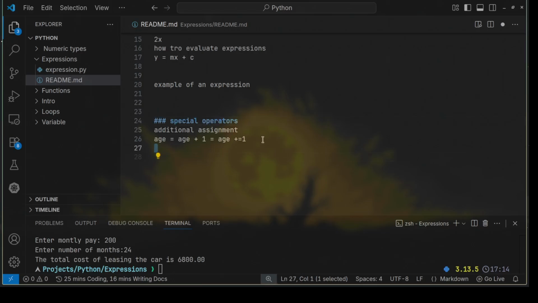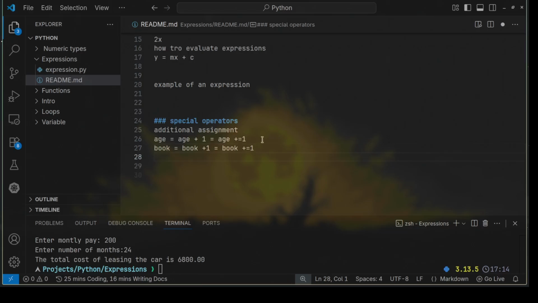Now that's clear. Another example of the same: if we say we want to add books, books equals book plus 1, we want to add another book. So this will equate to book plus is equals to 1. Hope that's clear.